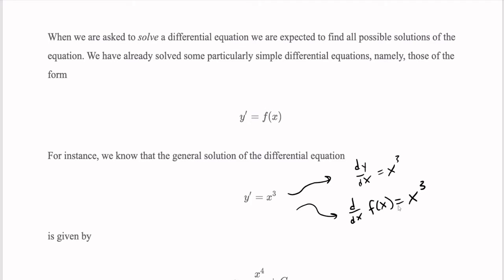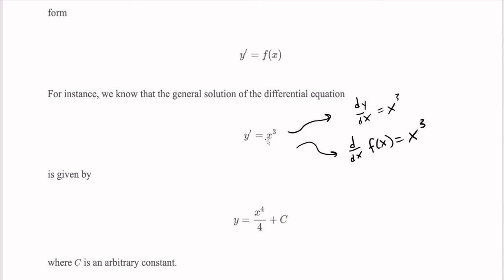When we first talked about antiderivatives, it was, okay, I take a derivative, I get x cubed, so can I work backwards to what this is? Yeah, that's the whole point of the antiderivative, was to get you back to this f. Well, that's exactly how you can solve some of these. Not all of them for sure, but some of them in a simple enough form like this.